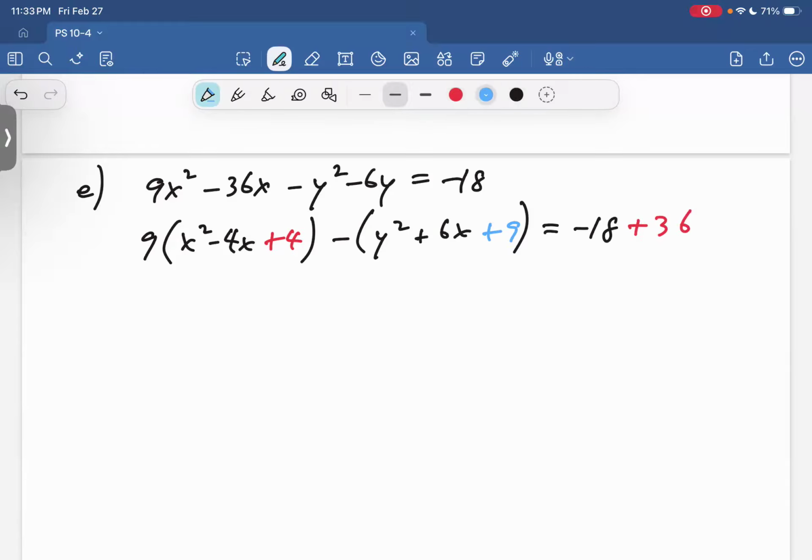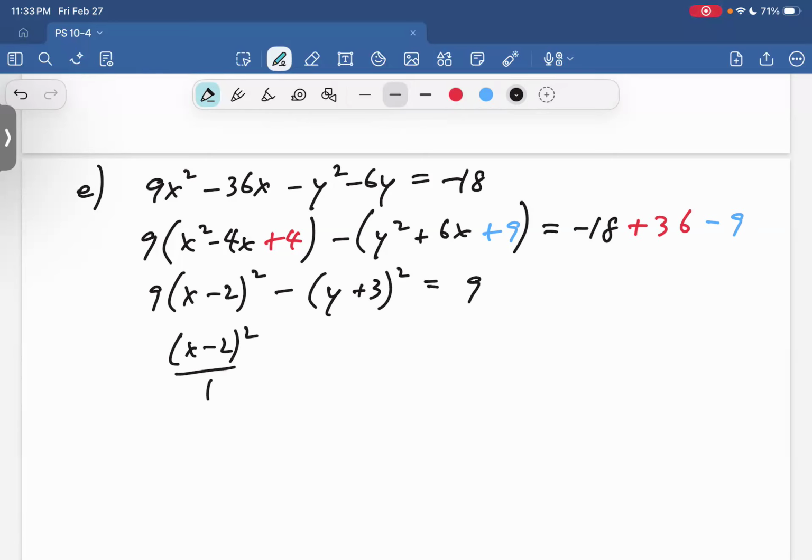And then the plus 9 should become a minus 9. So this leaves me with 9 times (x minus 2) squared minus (y plus 3) squared equals 9. So my standard form will look like this.